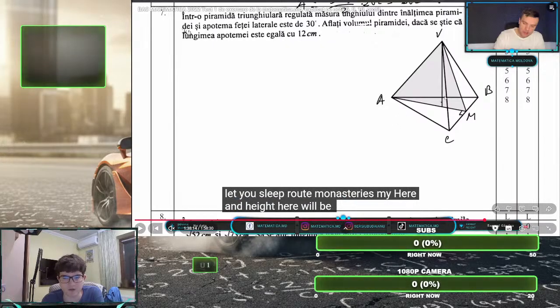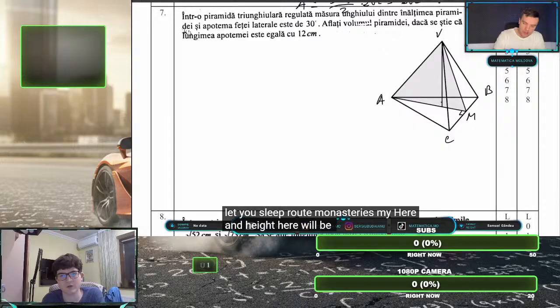Basically I did the height and the angle between the height and the middle line of the face, the base, basically 30 degrees.